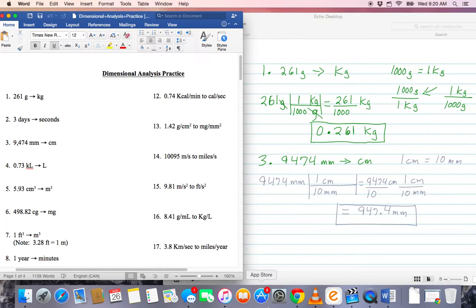Milli is a thousandth, and centi is a hundredth. So, in 1 centimeter, there are 10 millimeters.